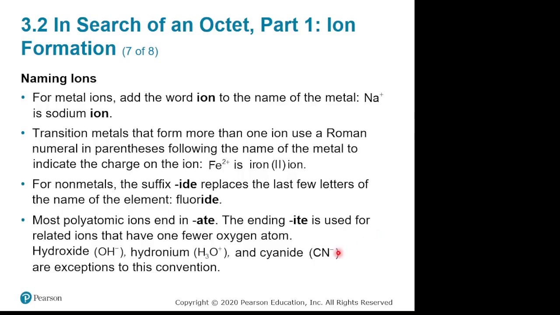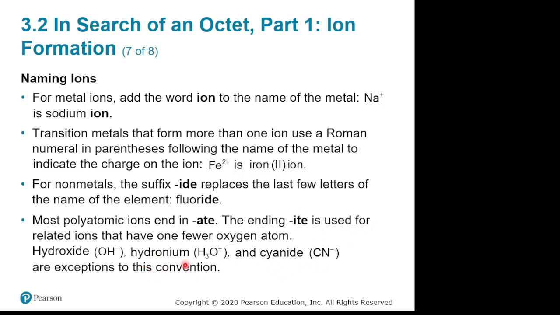So if you have carbonate that has the CO3, if you were to have an "ite," that would be things like if we were to go sulfate, that would be SO4. If we were to go sulfite, that would be SO3. Okay? And so see, one less oxygen, that's the "ite." Easy way to remember that is I ate the whole meal versus I took a bite. Okay?